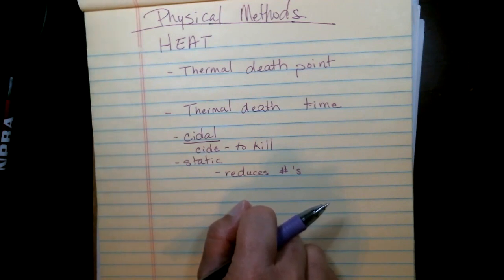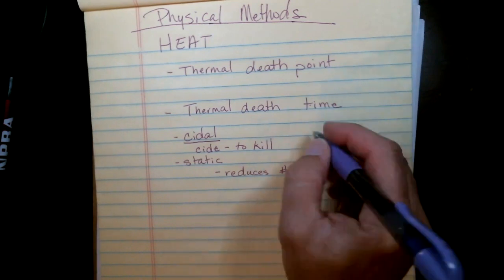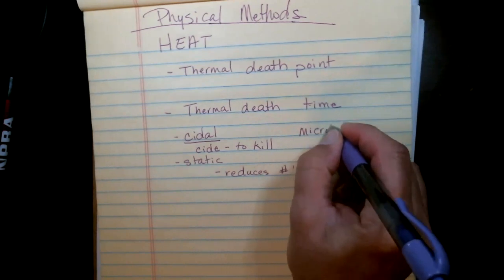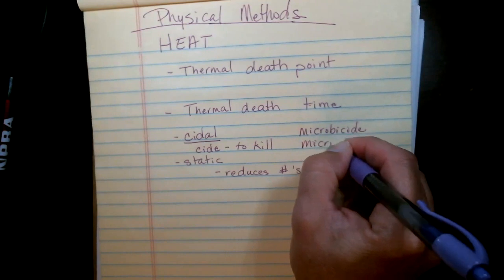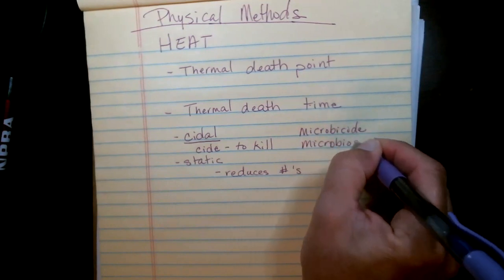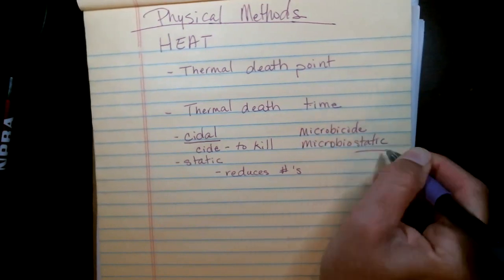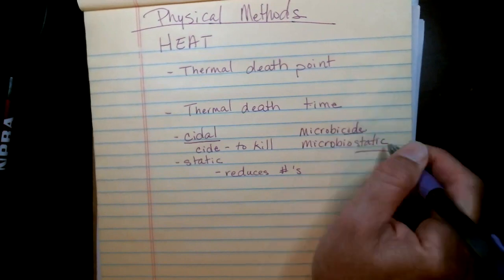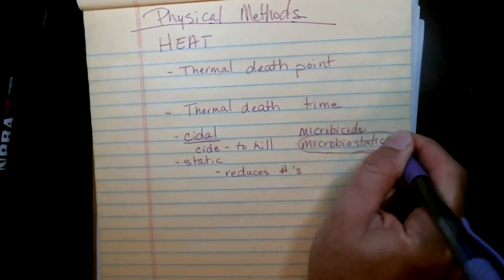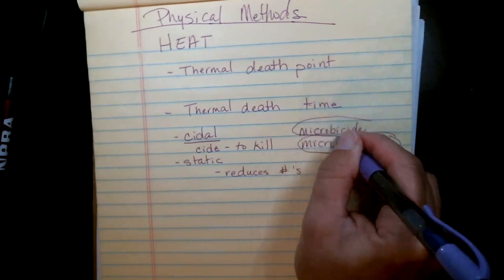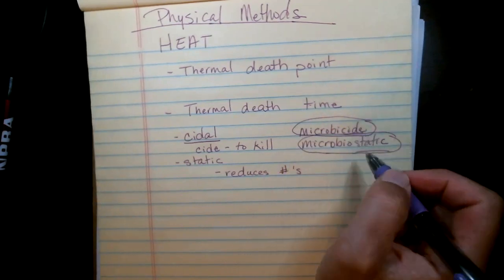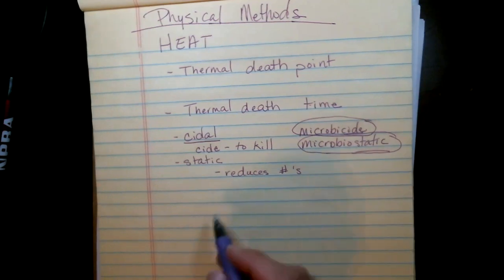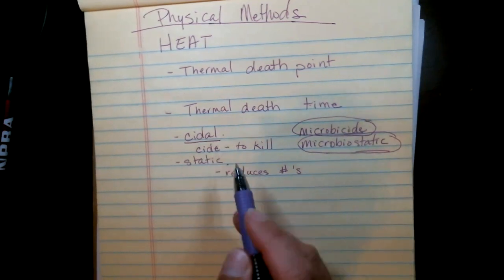Virustatic reduces the number of viruses. Sometimes you may hear something called a microbicide or microbiostatic. Microbiostatic means that we reduce the number of microbes, and microbicide means we kill most of our microbes. So these are also terms that are used commonly. We need to make sure we understand the difference between the two of these.